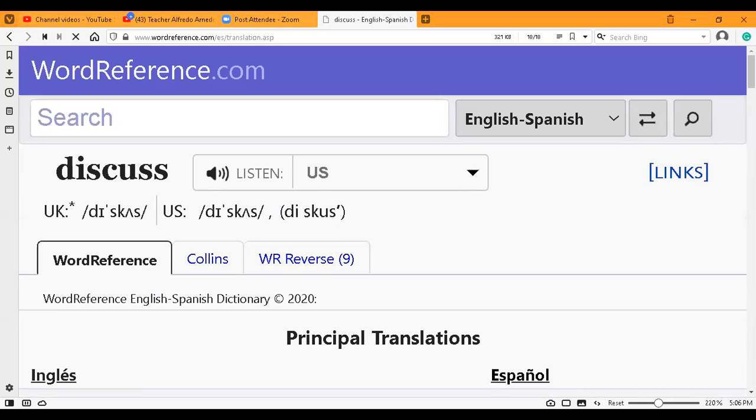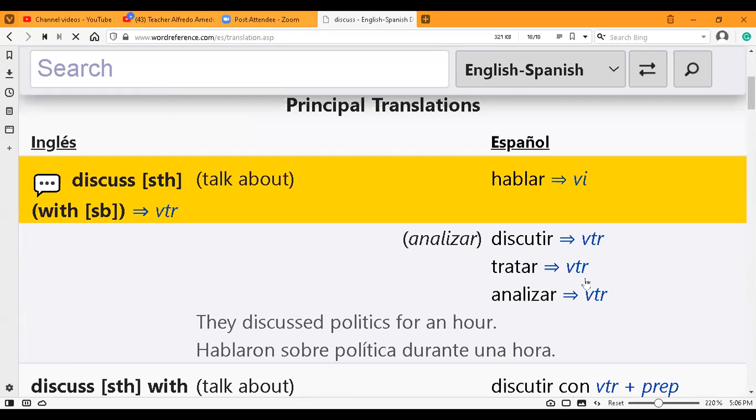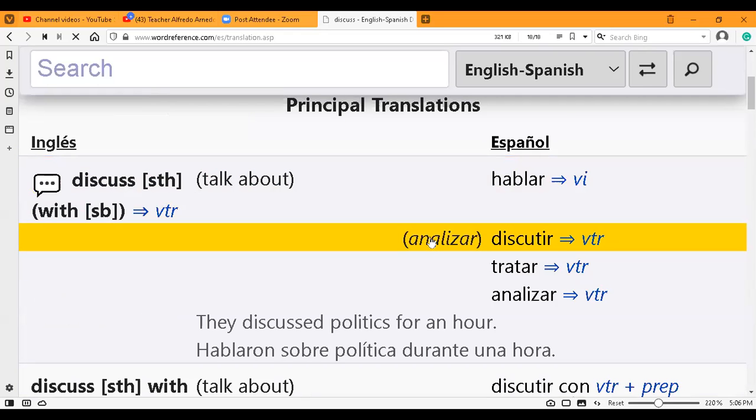Discuss. Muy bien. Discuss. Okay, talk about something. Es como analizar ideas, puntos de vistas, right? That's when you talk about different topics. For example, this action is very common at the university.